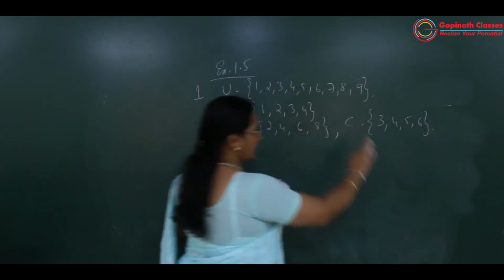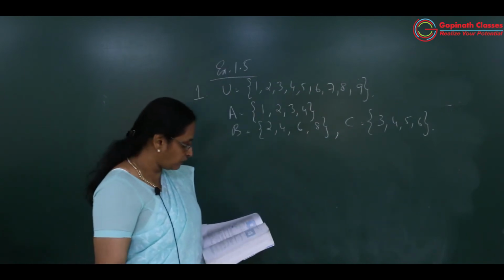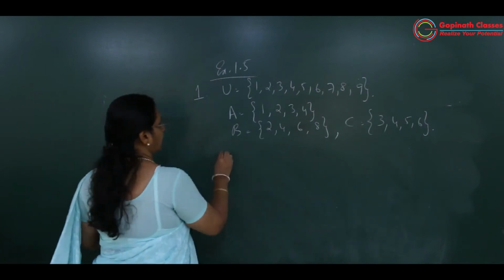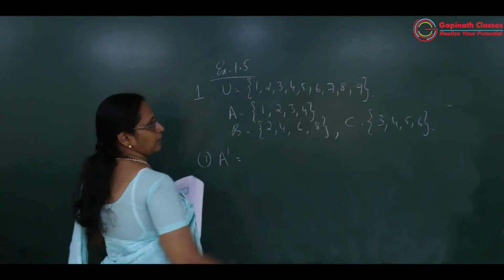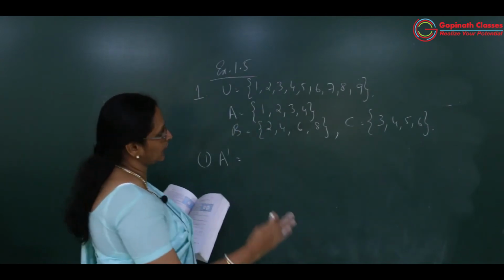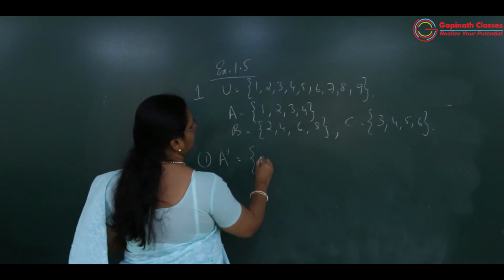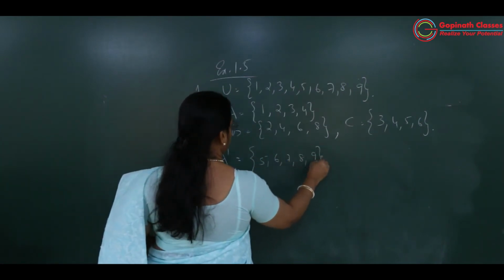Now, based on this, U, A, B, C are given. You can find out many questions. What are they asking? Find, first is A complement. What is A complement? Look at 1, 2, 3, 4 ko chhod ke baki, which is there in U but not in A. So what is A complement? It's nothing but 5, 6, 7, 8, 9.